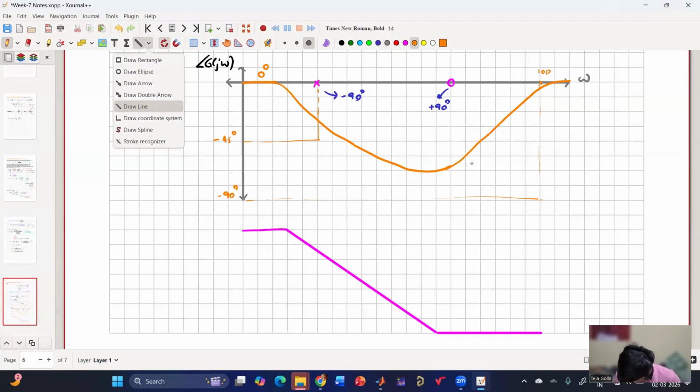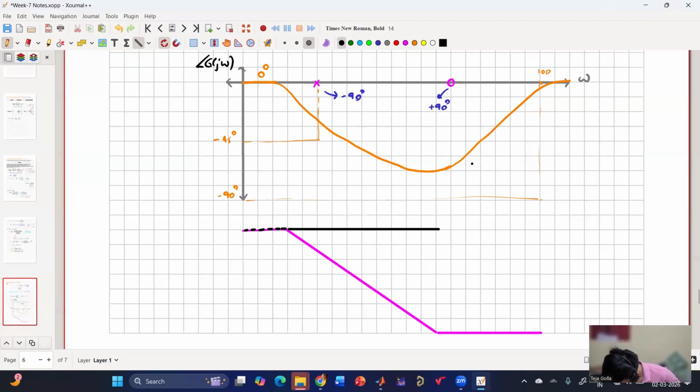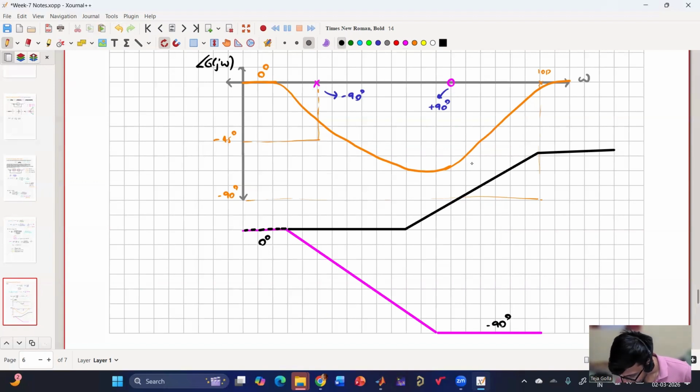Can I draw dotted line? Okay. Wherever the zero is, it will try to increase to 90 degrees and then settle. So basically, this is 0 degrees, this is minus 90 degrees, and this is plus 90 degrees. So we are trying to add up. There will be a dip and then again there will be an increase.